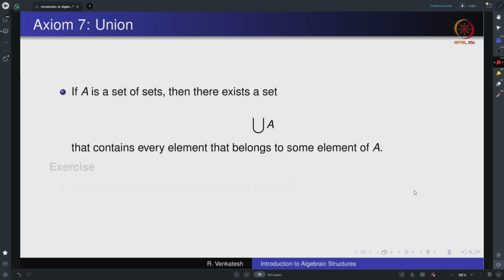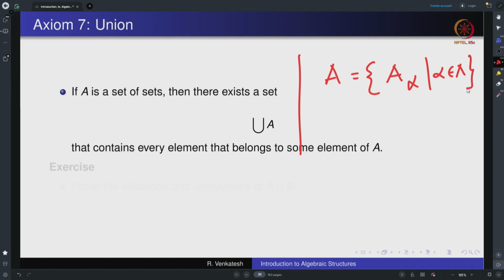So, what does axiom 7 say? It is about union. If A is a set of sets, that means it is a collection of sets, then there exists a set called union A that contains every element that belongs to some element of capital A. In practice, this collection of sets is usually indexed over, let us say, capital lambda.